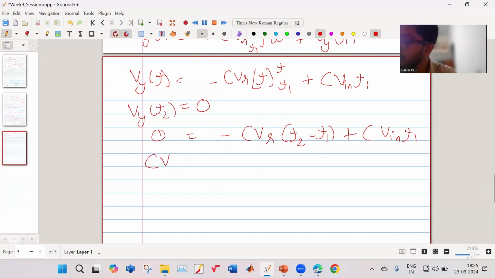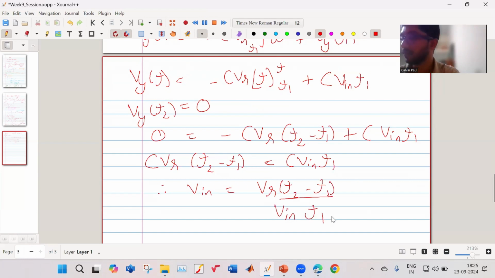So C into Vr into T2 minus T1 is equal to C into Vin into T1. Therefore, Vin is equal to Vr into T2 minus T1 upon T1, because C and C get cancelled.